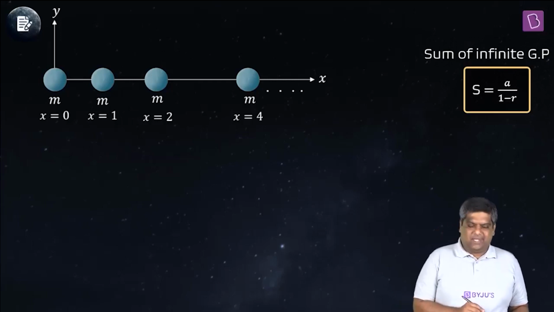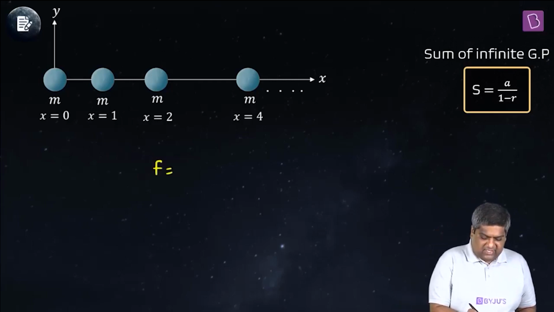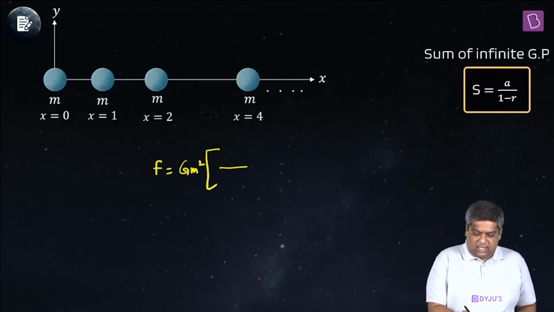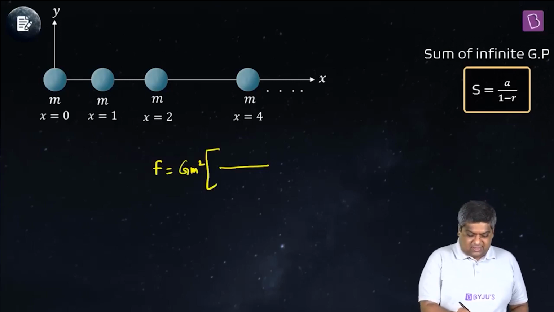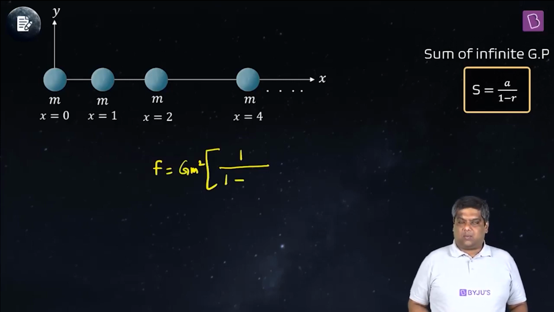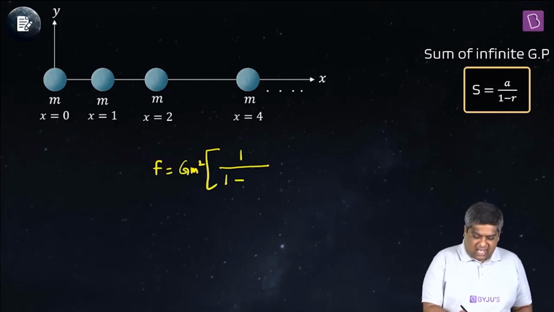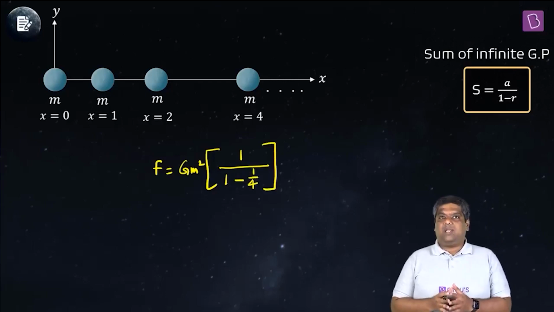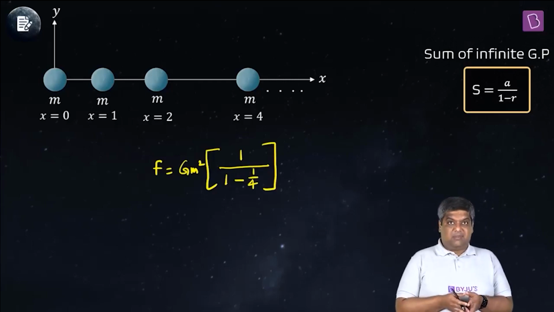So now let's find out the net force. What was it? F is equal to Gm squared into A. A is 1 by 1 minus R. R was 1 by 4. So in the denominator I have 1 minus 1 by 4, which becomes 3 by 4.